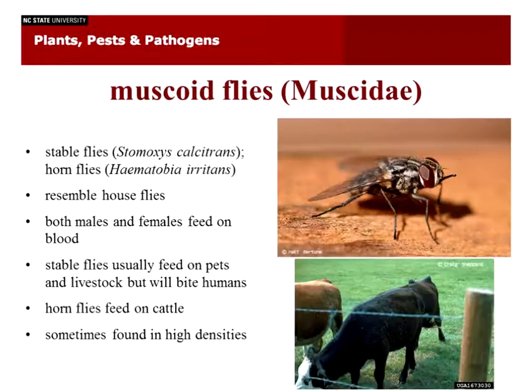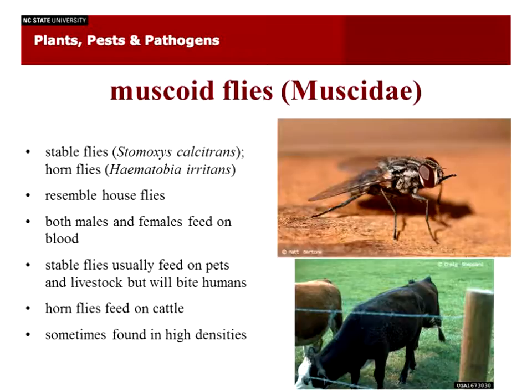But this group has this long proboscis that's hardened, and at the tip, instead of the fleshy mouth parts that houseflies have, they have very hardened teeth, which they use to rasp the skin and drink the blood. Now in this group, both males and females feed on blood, and they don't feed on anything else really. They may take nectar, but they're both concerned with feeding on blood.